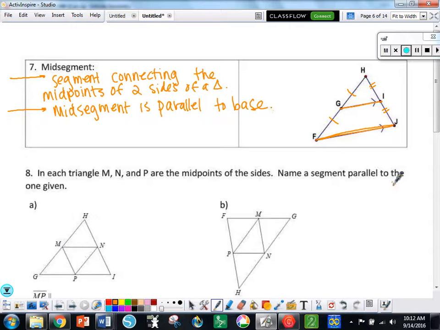The last thing you need to know, because it's in the middle, it's half as big as the base.